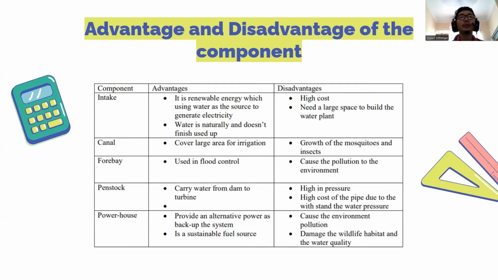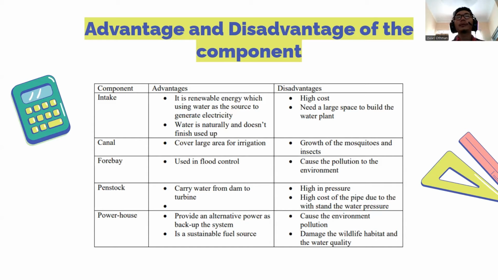Lastly is the powerhouse. It provides an alternative power as backup for the system, and it is a suitable fuel source. But the disadvantage of this powerhouse is that it will cause environmental pollution, and can damage the wildlife habitat and the water quality.